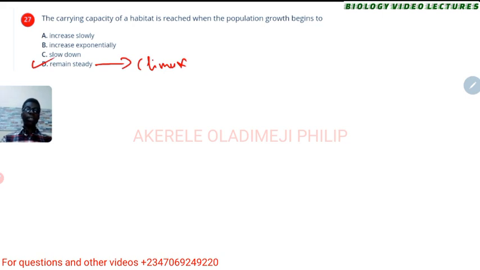Like a particular place where the number of organisms is not increasing too much anymore. It has reached its capacity. Like no more expansion, so to say.